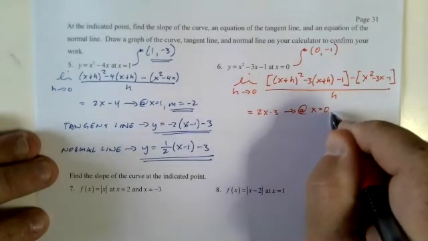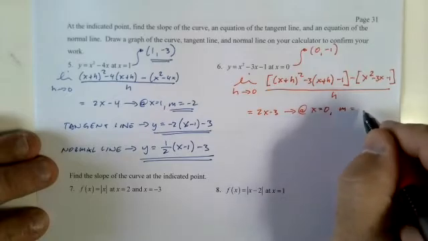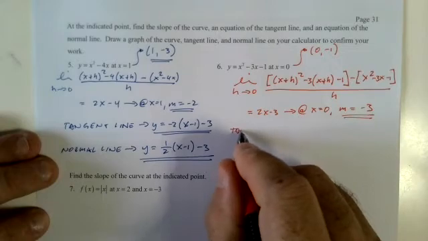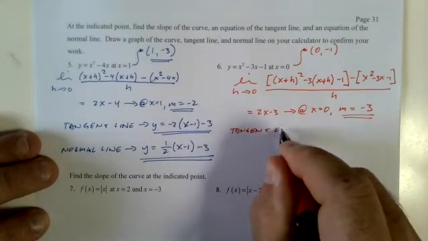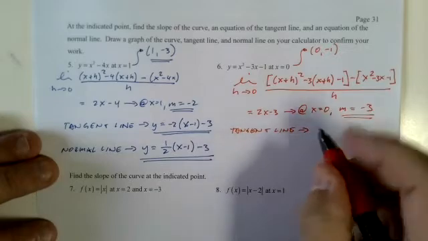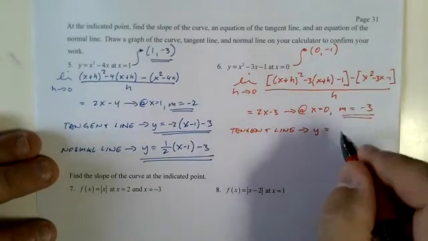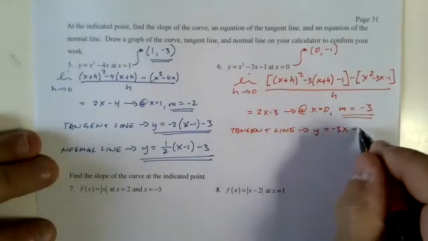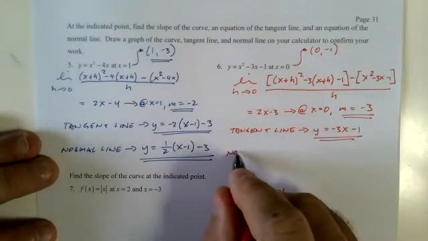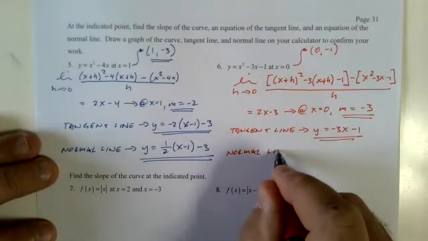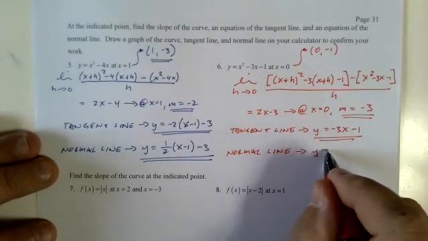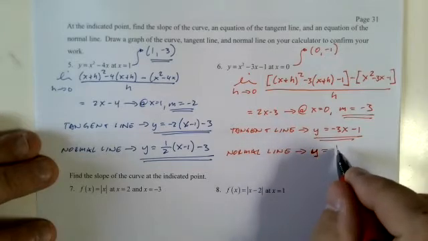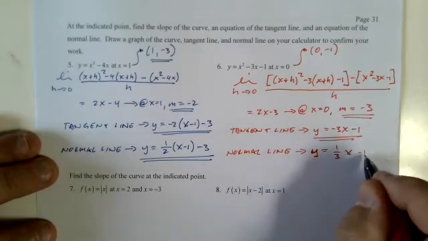At x equals 0, m equals negative 3. Tangent line, y equals negative 3x, because it's x minus 0, and I'm not writing that, minus 1. The normal line, y equals 1/3 x minus 1.